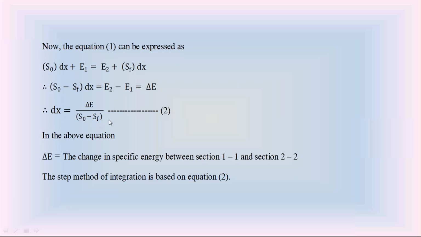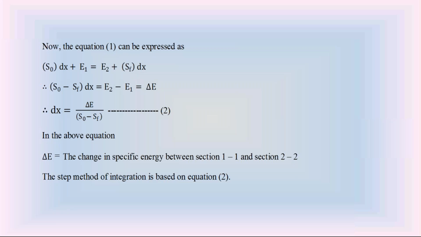Please everyone watch this equation. In this equation, the length dx is the length of the water surface profile in the small portion of channel. Just now I explained, we consider the small portion of channel between section 1 and section 2. In that small portion of channel, the length of the water surface profile is dx.